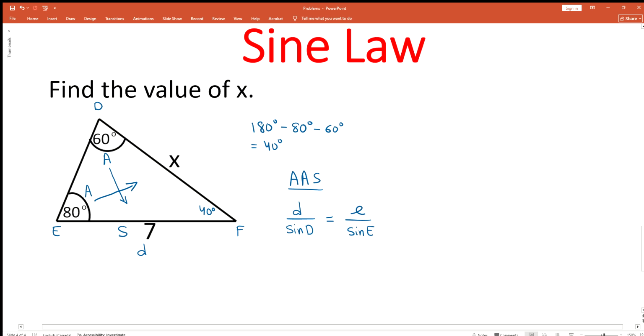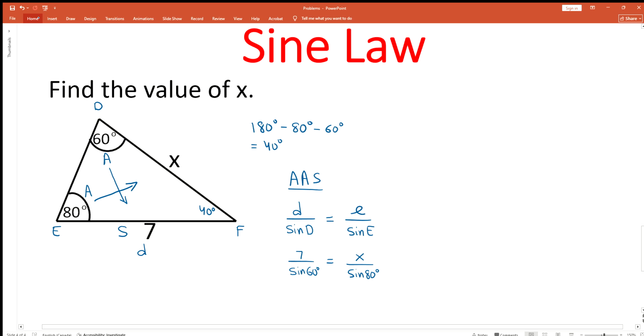The length of side D is 7. E is x, the unknown side length, and angle E is 80 degrees. This is the equation we have to solve to find the value of x.